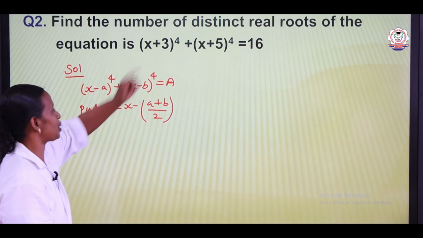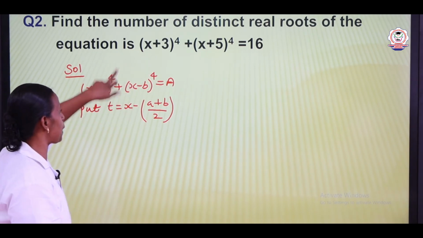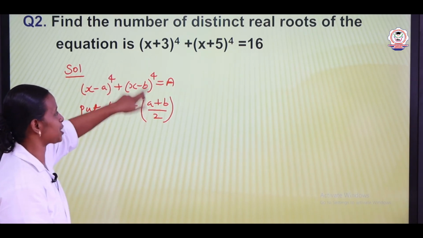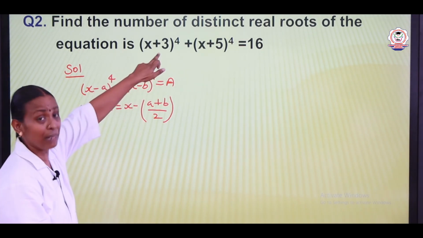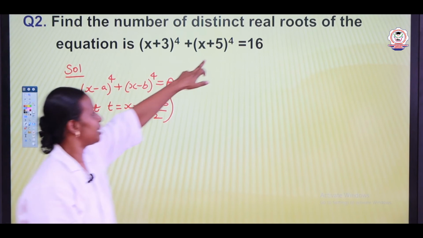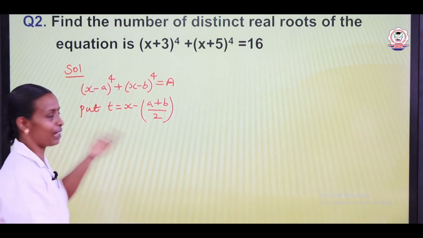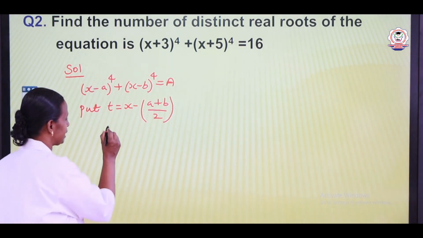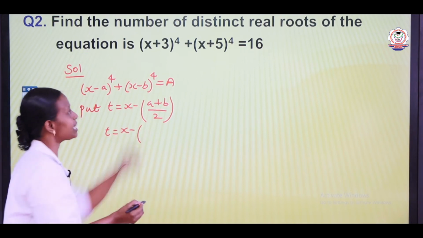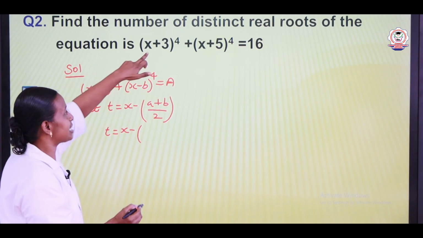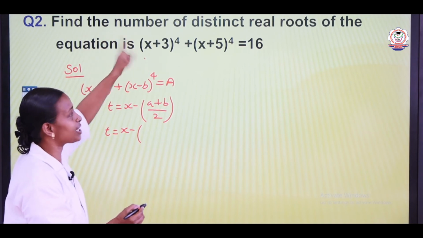Here our equation is of the form (x minus a) power 4 plus (x minus b) power 4 equal to c. Instead of a, here minus 3. Instead of b, here minus 5. Therefore, we have to use the substitution t equal to x minus of a value, which is minus 3, because this can be written as x minus of minus 3.